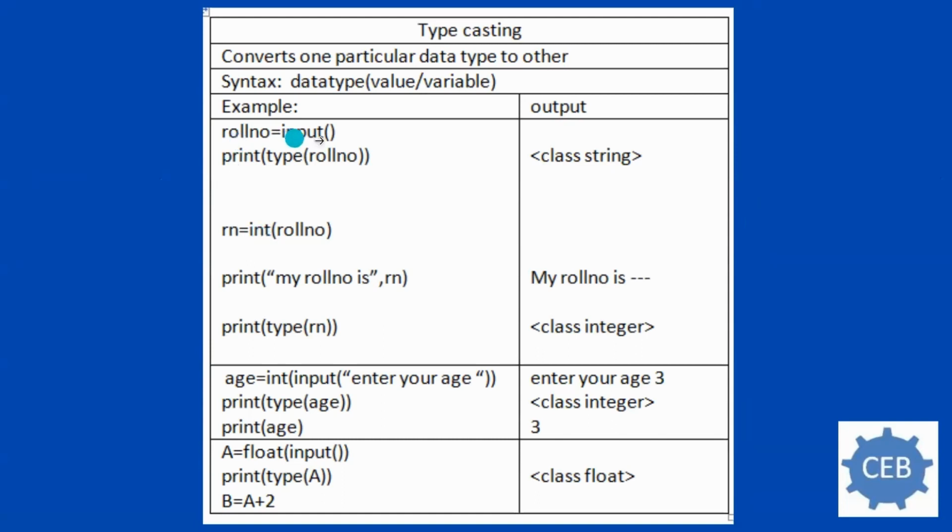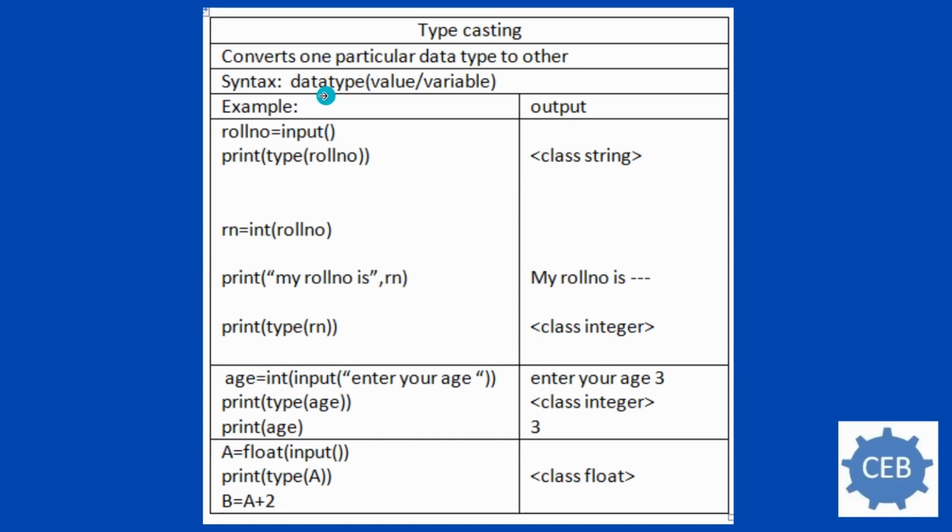For example, here roll number is equal to input, and if we print the data type, the class is string. Now I don't want the roll number to be of string data type. I want it to be an integer. So I write int before roll number. This method is called typecasting, which is nothing but converting one data type into another.